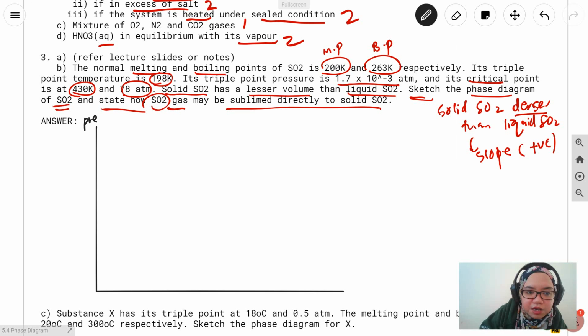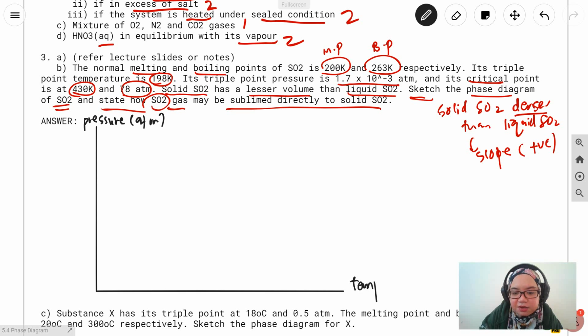We must label the units, in atm. Okay, look, atm is correct, right? And then the temperature, is it in degrees Celsius or Kelvin? Temperature is in Kelvin.